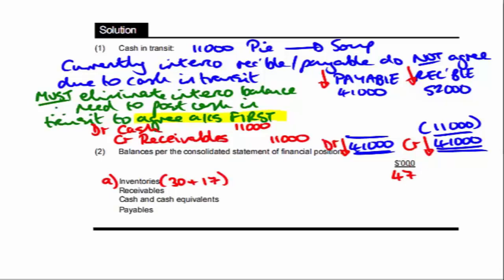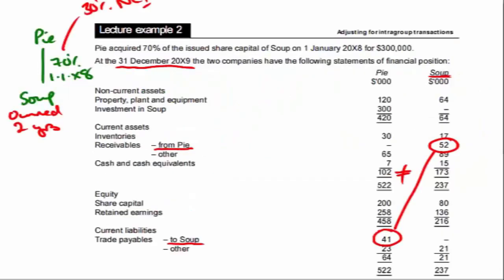For receivables, so for part B, we would start off with what we've got on the face of the group accounts. So we would have had receivables of 65 and 89, and then this internal receivable, so the intercompany receivable of 52, which we know we need to eliminate.